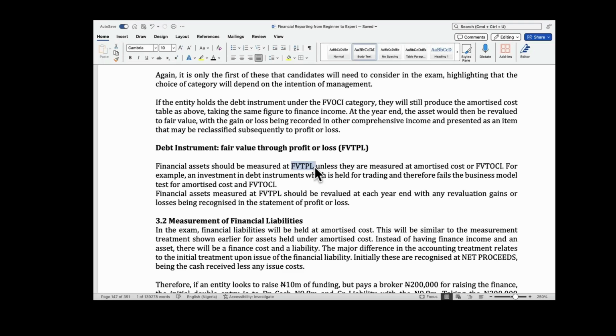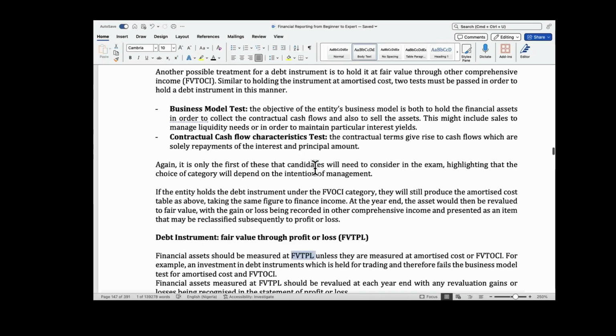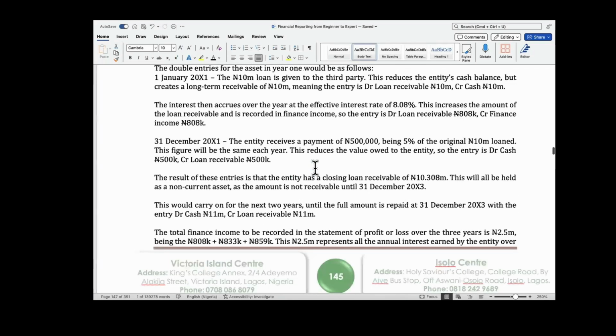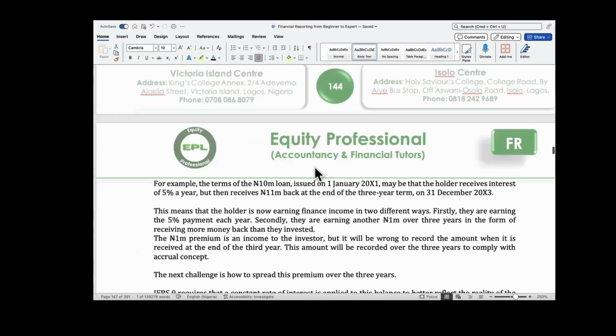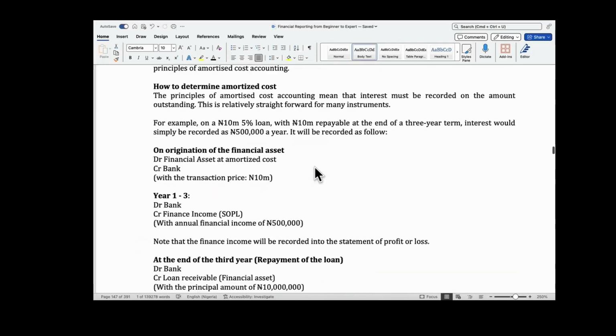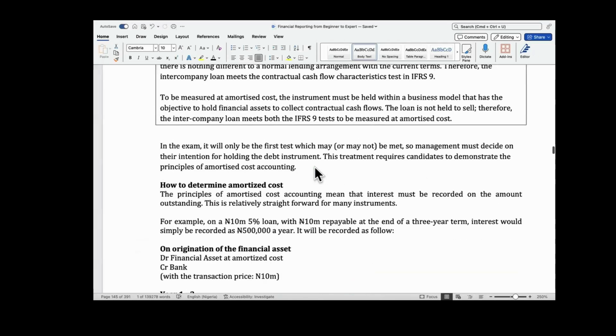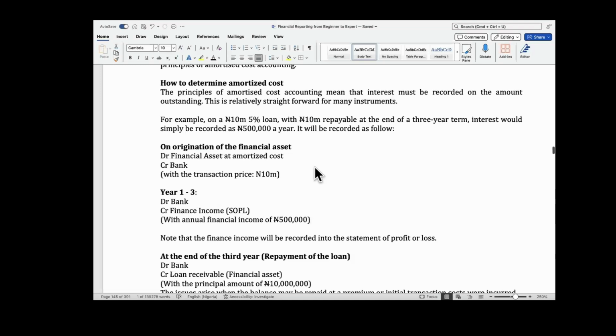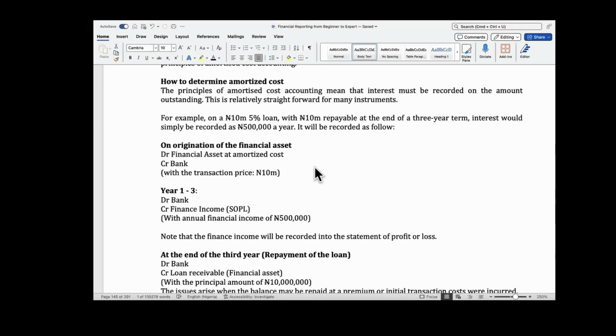The same thing for debt. The default classification is fair value through P&L. Again, the same thing for equity. The way you classify this debt investment is exactly how you are going to measure them. At amortized cost, fair value through P&L, fair value through OCI, the same way. That's how you measure them.